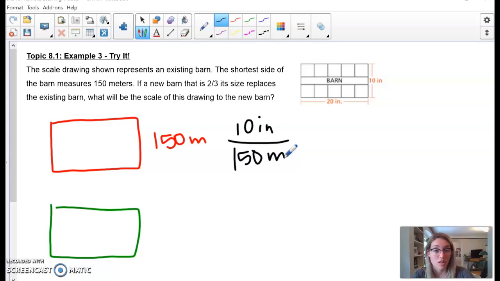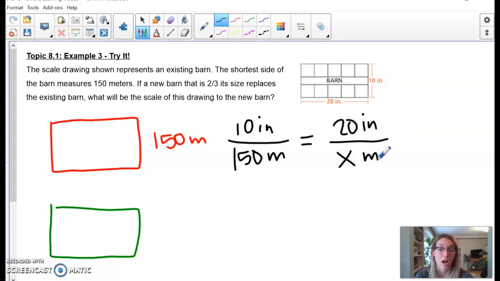Now, if that's true, then that ratio needs to be equivalent to the length ratio. And the lengths are 20 inches in our drawing compared to X amount of meters in our actual barn. So I first need to start by figuring out what I did to my numerator to go from left to right. So in order to go from 10 to 20, I know I multiplied by 2.